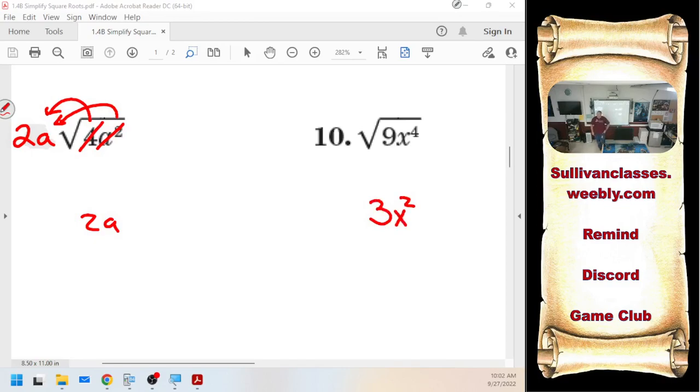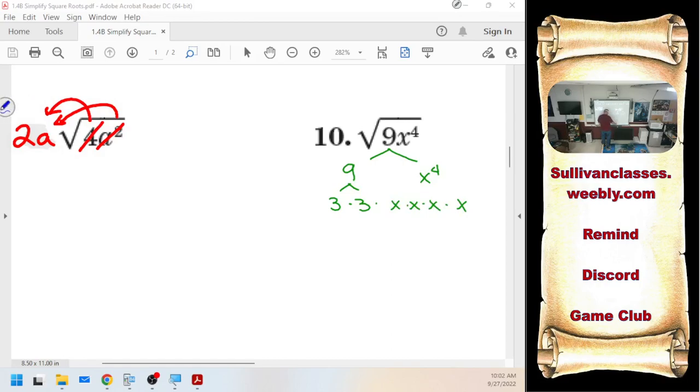You always cut it in half. What I want to show you is that if you need to, you can break this up like this: 9 and x to the 4th, and break this up as 3 by 3, and 1, 2, 3, 4 x's.